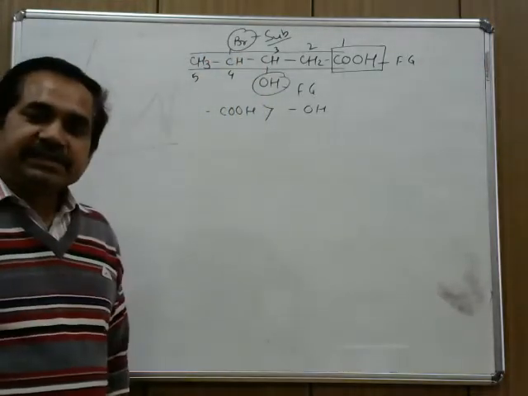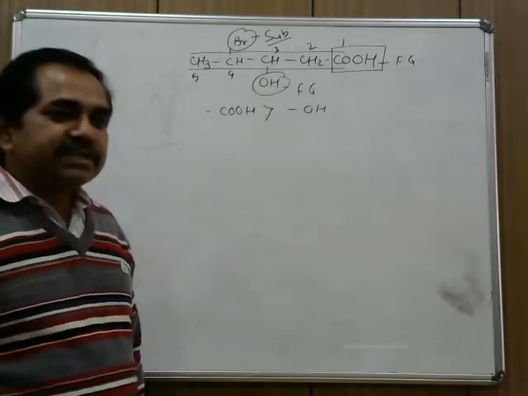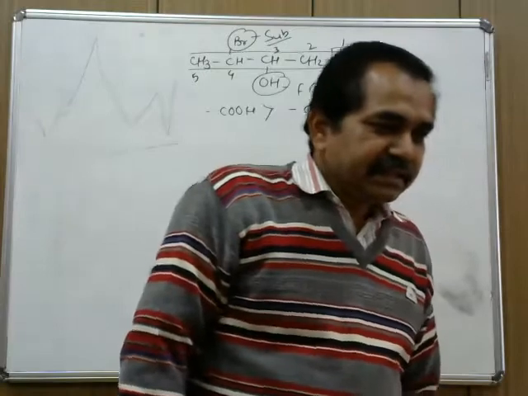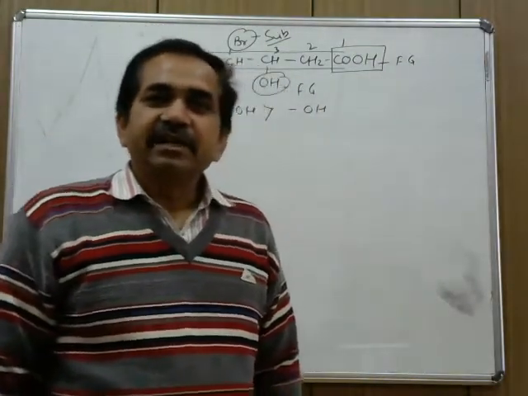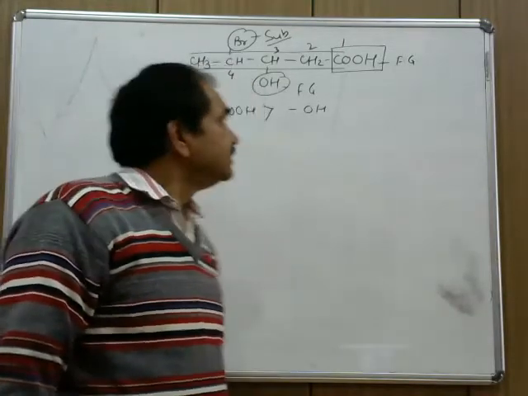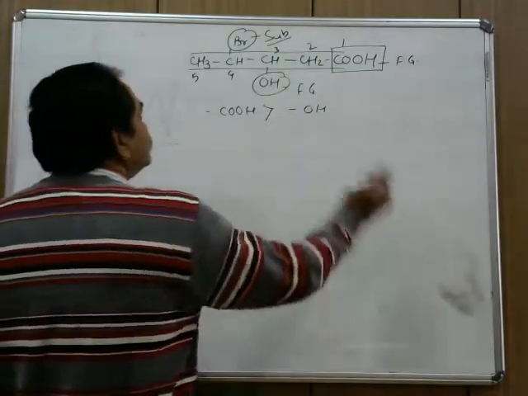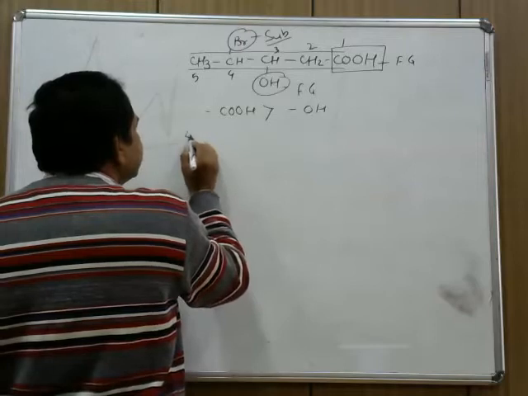Now there are two substituents. So if more than one substituent is present, they are numbered, and their names are written in alphabetical order. So it is bromo, this is hydroxy, so bromo is written first.